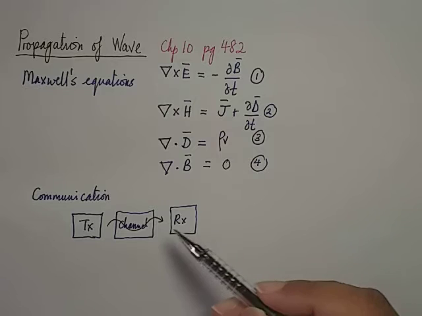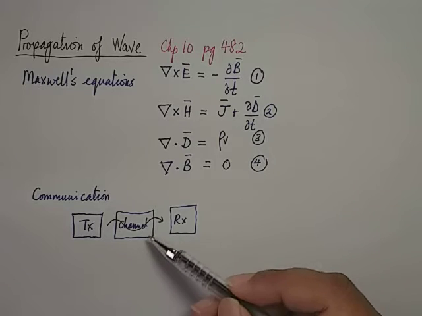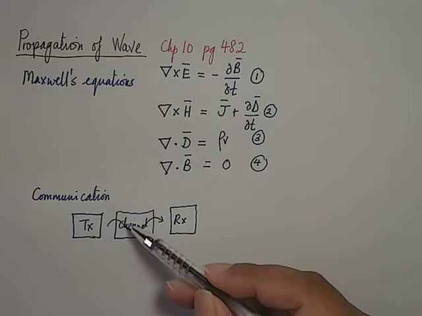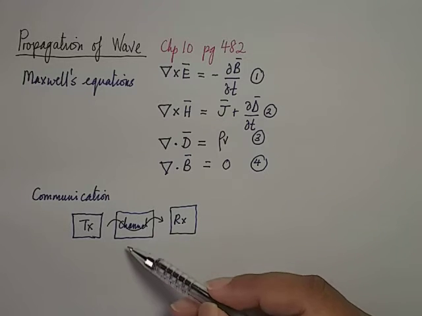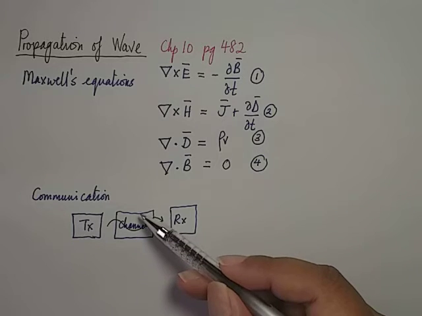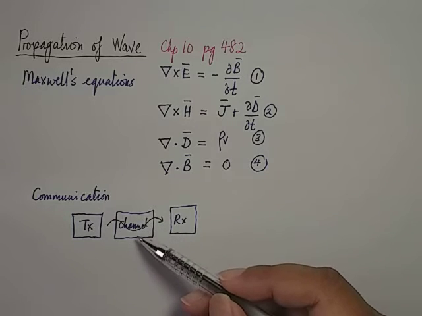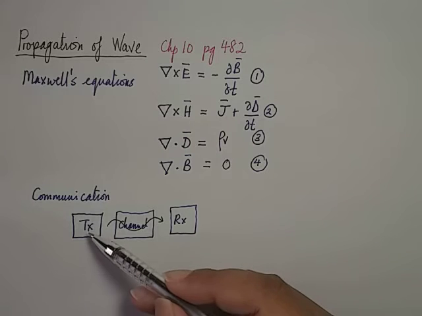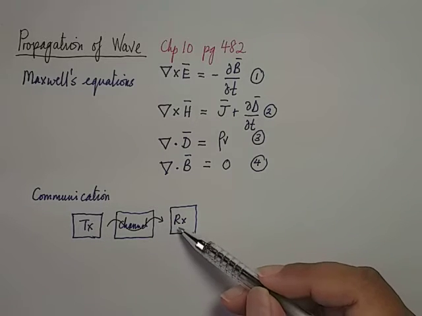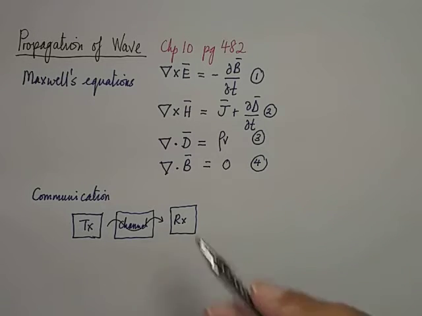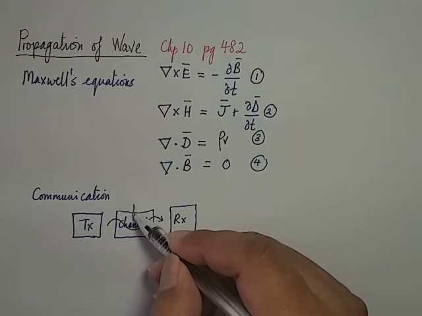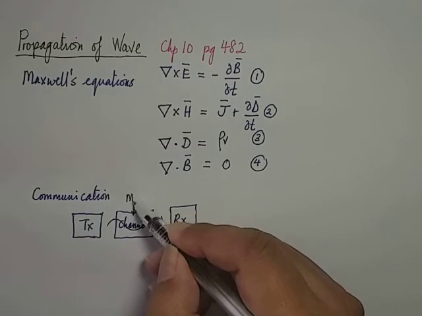How to visualize this unseen world is what we are going to do. We're going to develop a model to represent this scenario: electromagnetic wave propagating from the transmitter to the receiver through a medium. An important word we have seen before, medium.